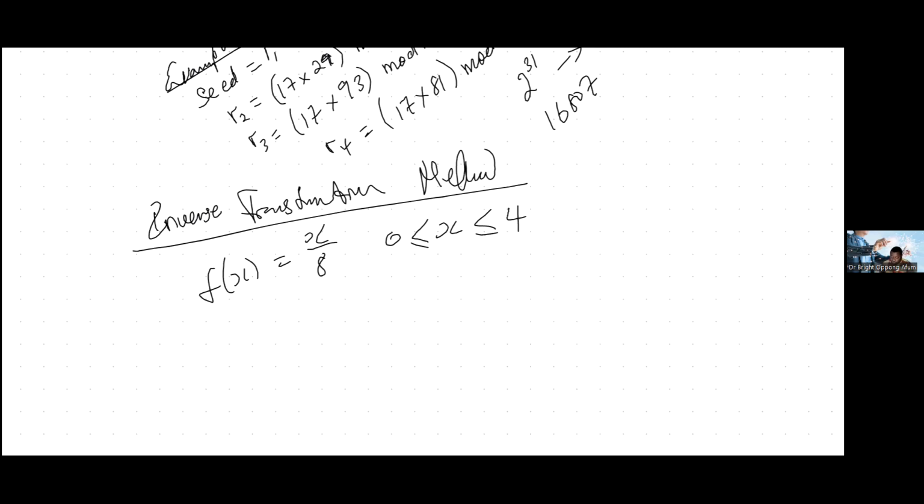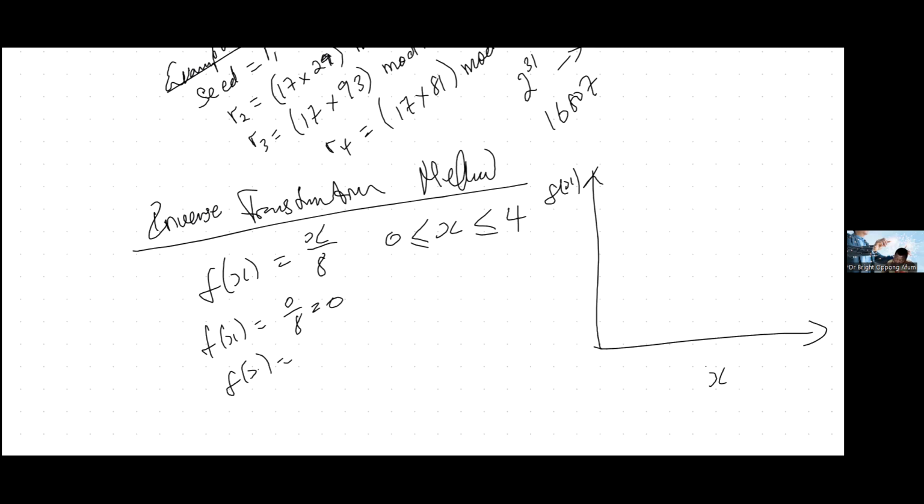So we can actually plot these values, f(x) against x. For instance, if x is equal to 0, then we have the value 0.